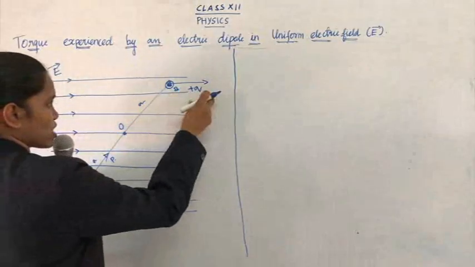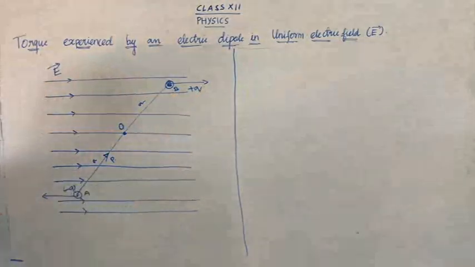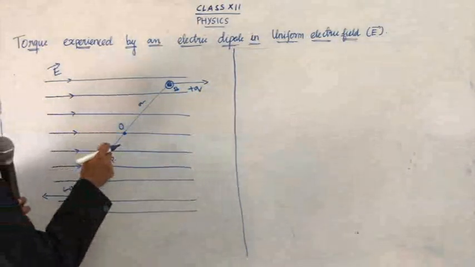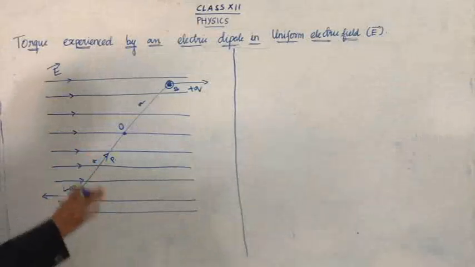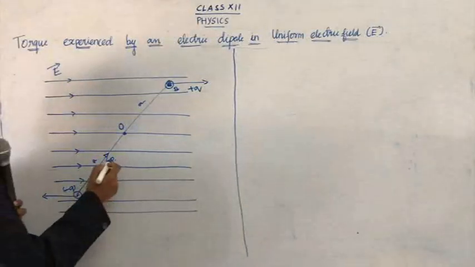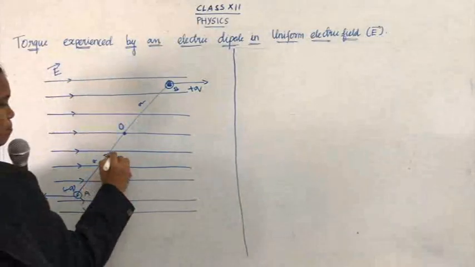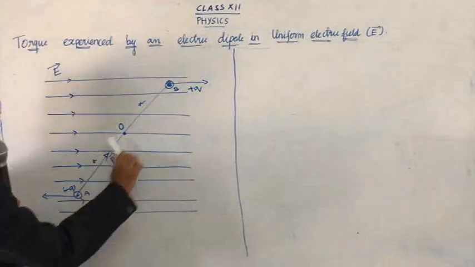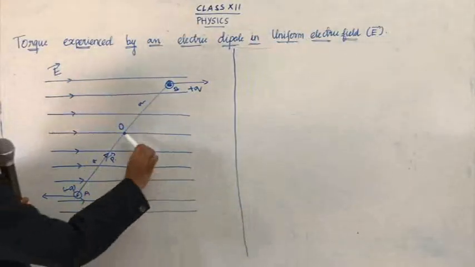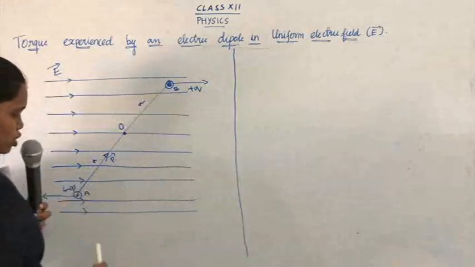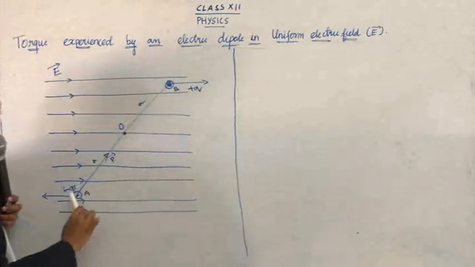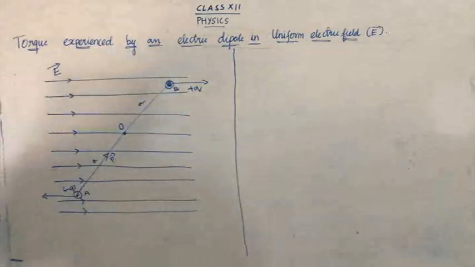At point B there is a positive charge. Do you understand? In this electric dipole there is a dipole moment, that is the P vector. The distance OA is small a and the distance OB is small a. So the total length of the dipole is 2a.